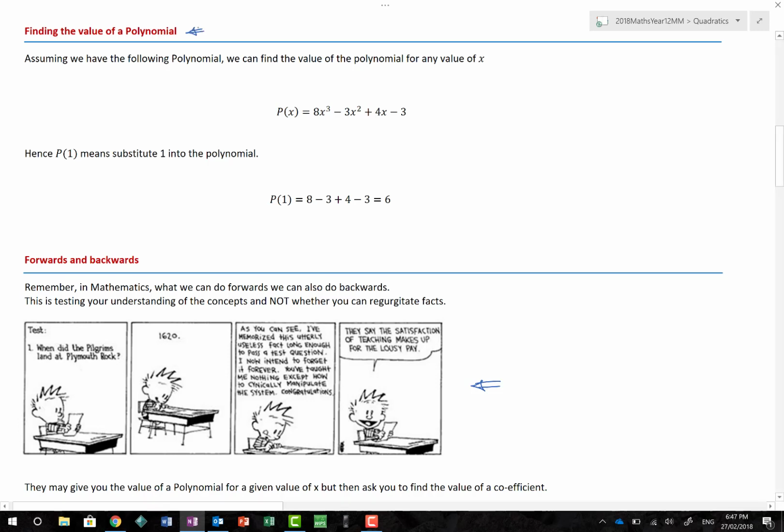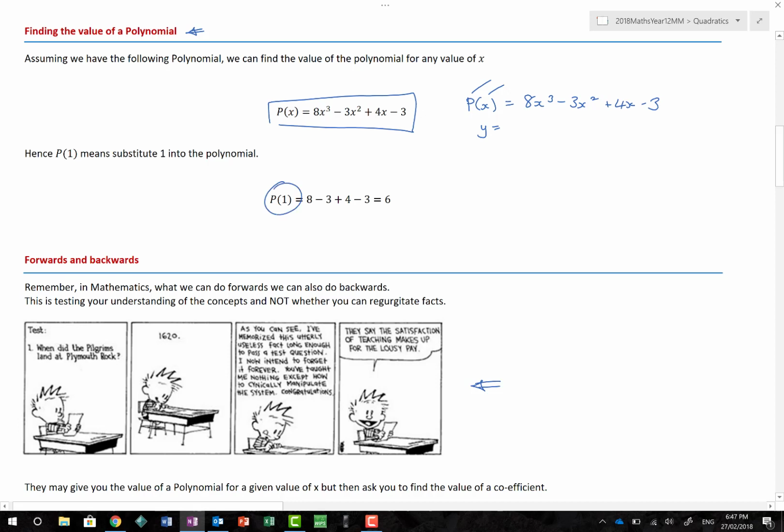So if we have a polynomial, for example, this here, and notice in this situation it's given by p of x. It could as easily be given as y equals, but let's say that we have a polynomial in terms of x of 8x cubed minus 3x squared plus 4x minus 3. This language here is incredibly important.